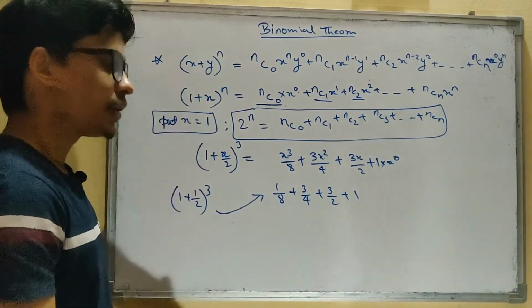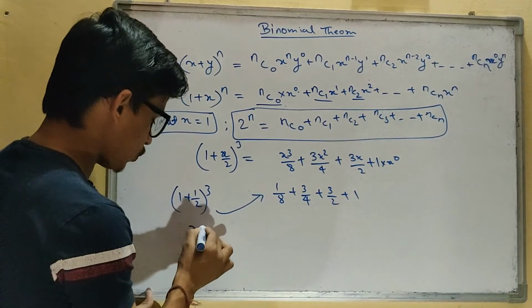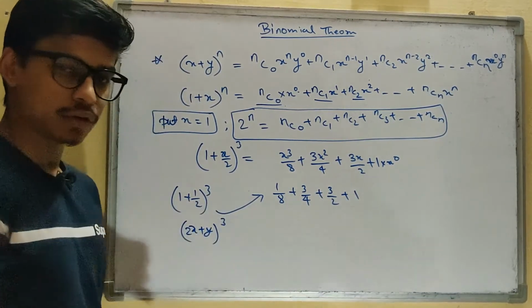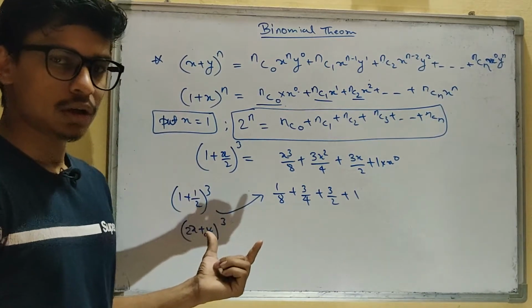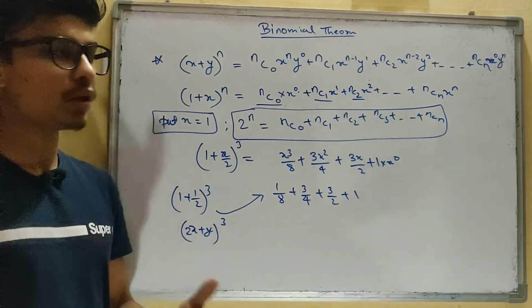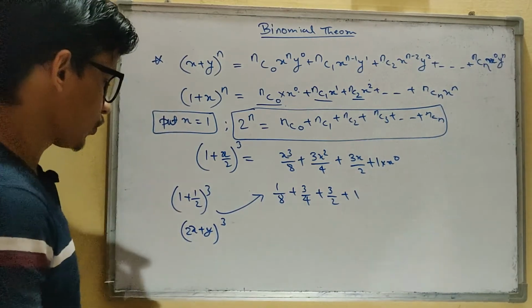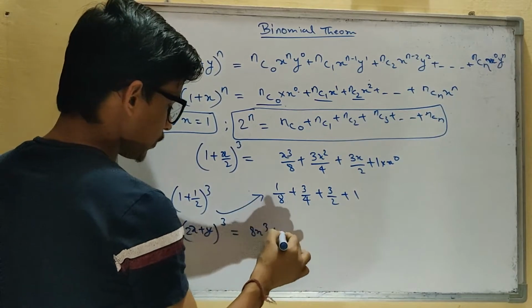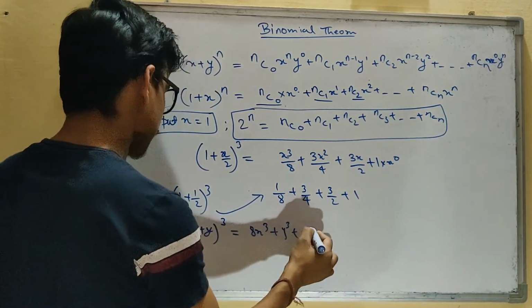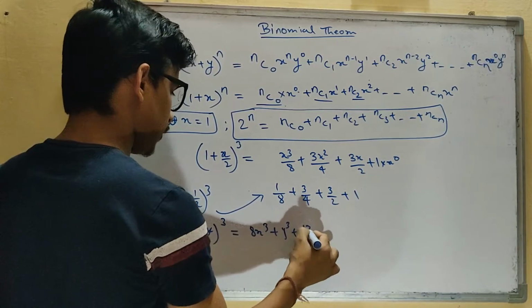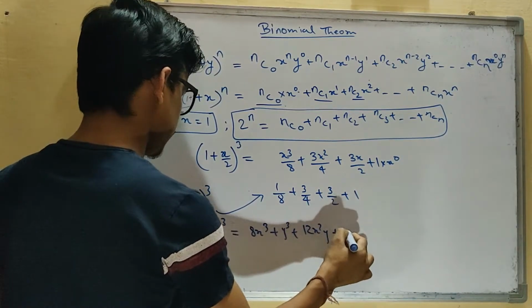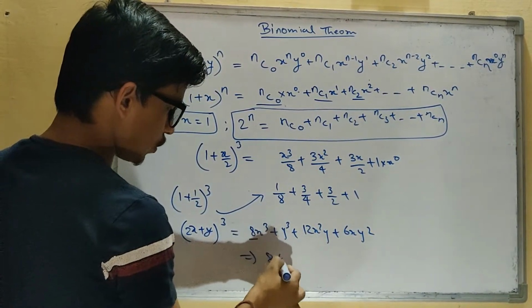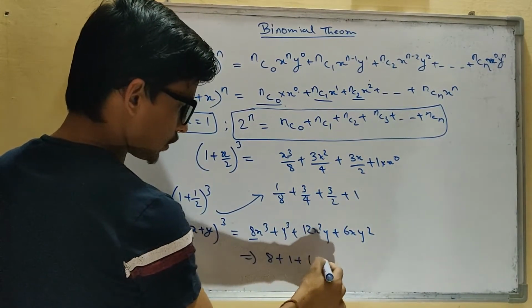This will work fine even with two variables. Let's say (2x plus y) to the power 3, and still they want you to find the sum of all the coefficients. You just put x and y both equal to 1. If you expand it, it is going to be 8x cubed plus y cubed plus 12x squared y plus 6xy squared, and the sum of coefficients is 8, 1, 12, 6.